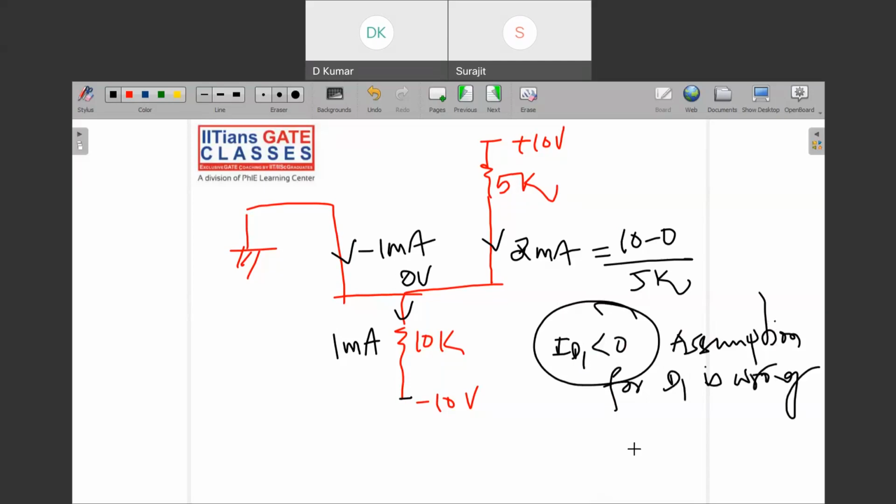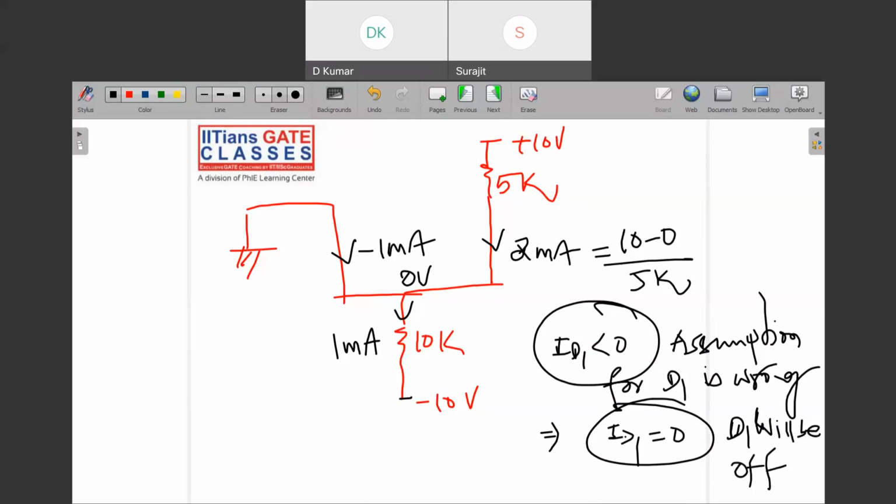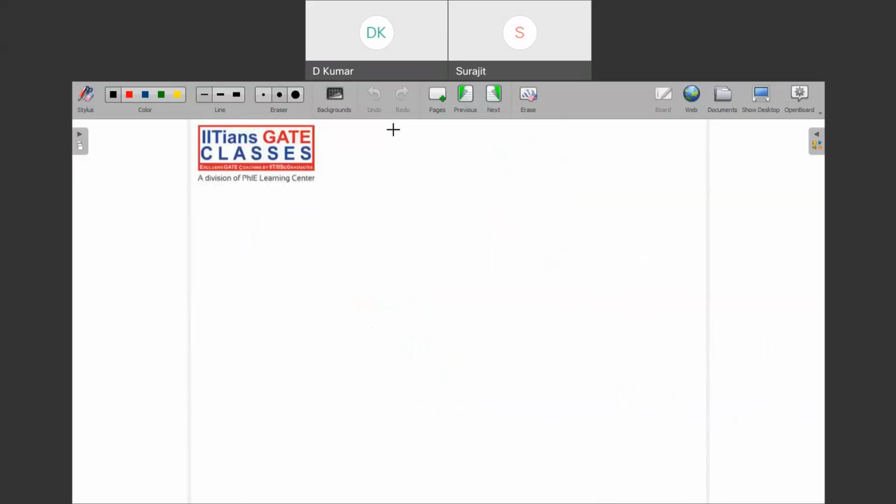Okay, assumption for D1 is wrong, and that's why ID1 will be 0 always, and D1 will be off. Okay, remember, D1 will be off, yes, sir, and D2 will be on.